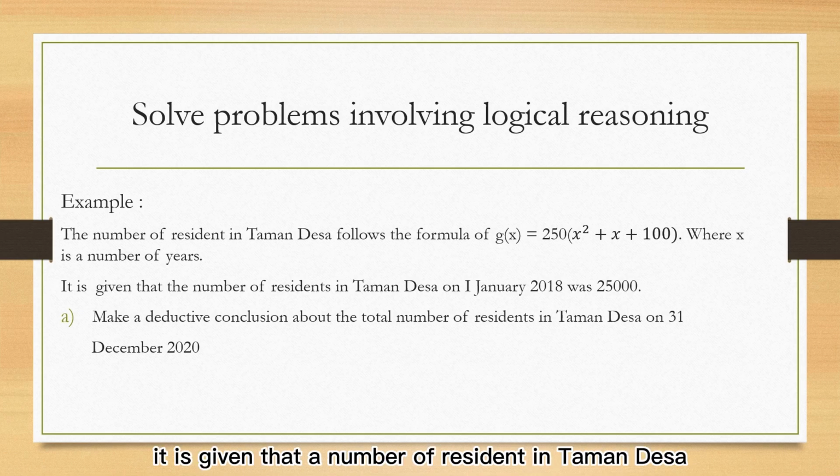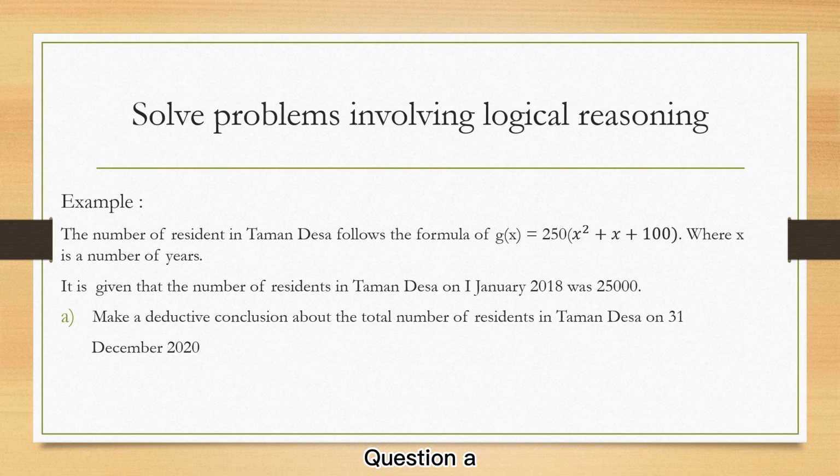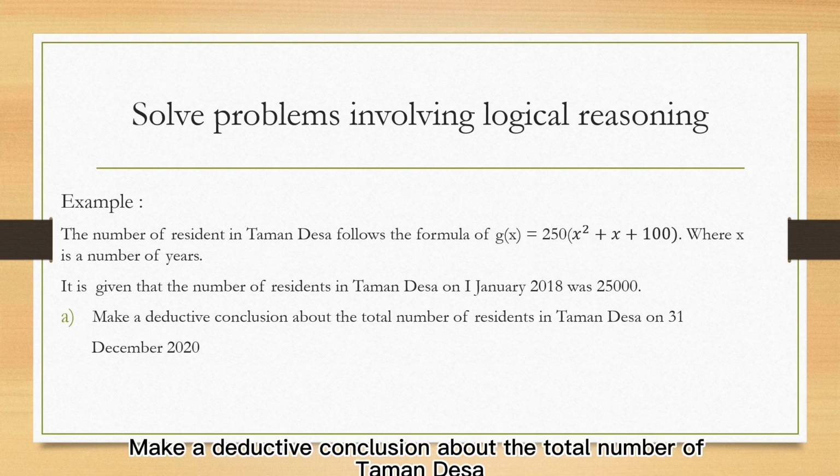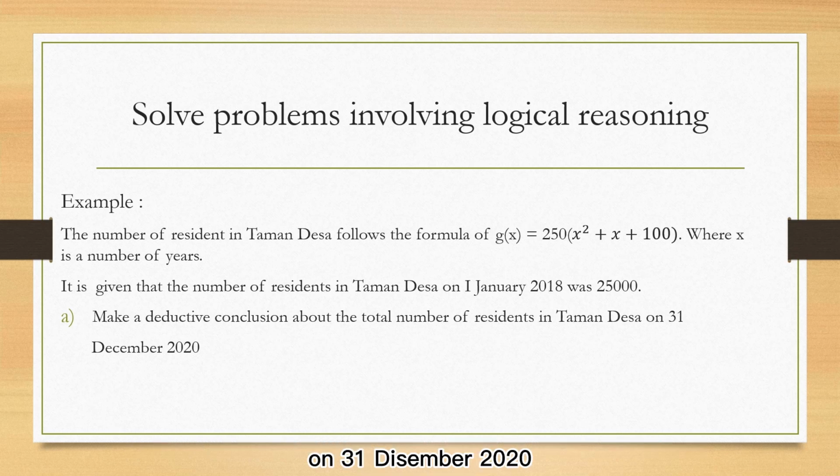It is given that the number of residents in Tamatesa on 1 January 2018 was 25,000. Question A. Make a deductive conclusion about the total number of residents in Tamatesa on 31 December 2020.